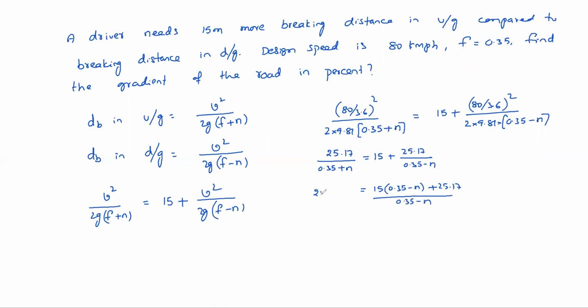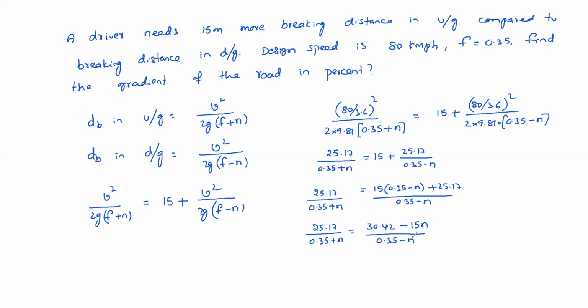Get this side 25.17 by (0.35 plus n). Okay, now one more step I will write: 25.17 by (0.35 plus n) equals, that is 15 into 0.35 plus 25.17, equal to 30.42, minus 15n, divided by (0.35 minus n).